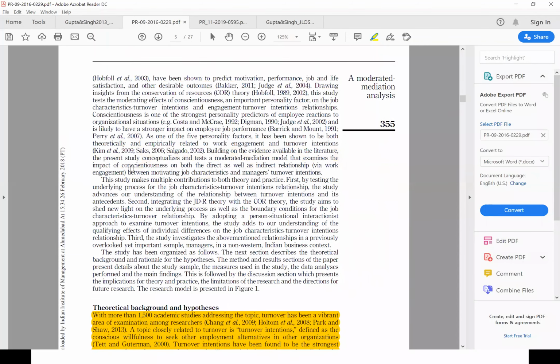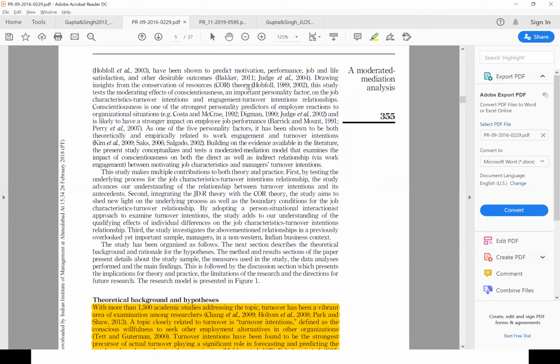And so we talk about this, then we talk about another theory, drawing insights from conservation of resources theory. This study tests the moderating effects of conscientiousness, an important personality factor, on this relationship.